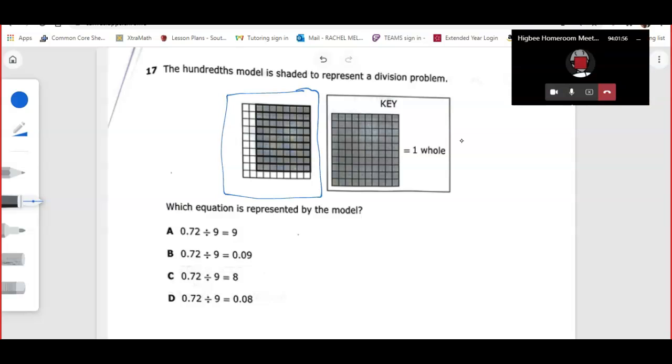I think probably 80. Okay, I don't want probably. I want exactly. Kaya, how many squares are colored? No, it's not 90 because it's 10.